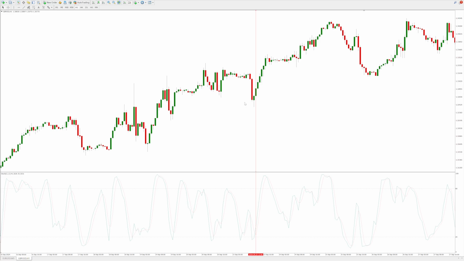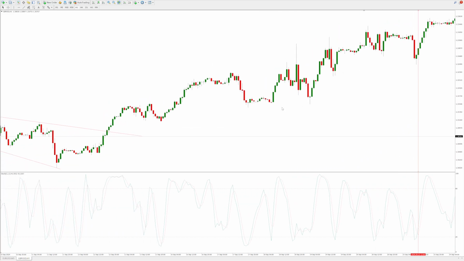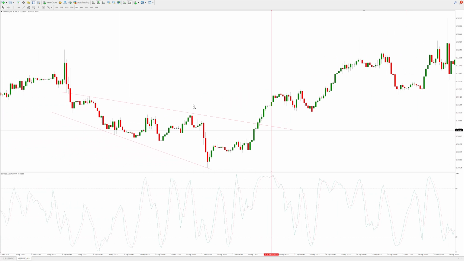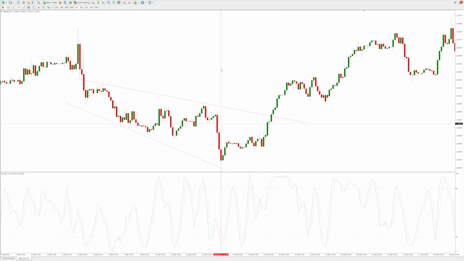But again, always keep an eye on price action, support and resistance. I mean, you know, the stochastic could even be used, you know, this was a downtrend here, so you could have used it for a sell trade if you wanted to trade within the descending broadening wedge.